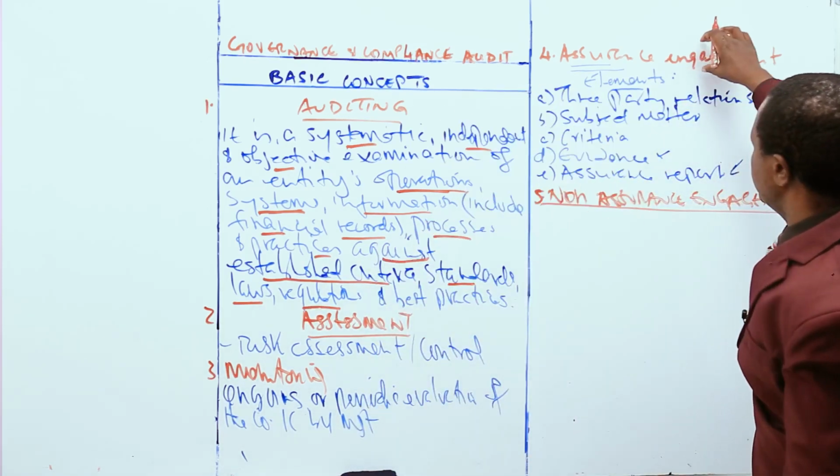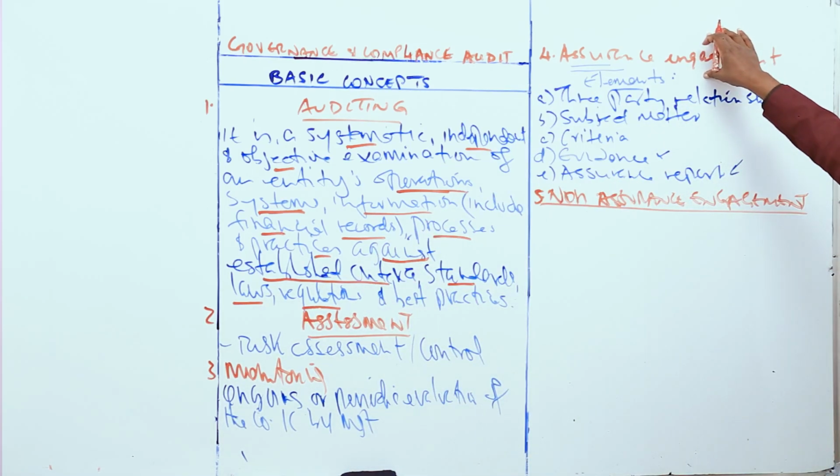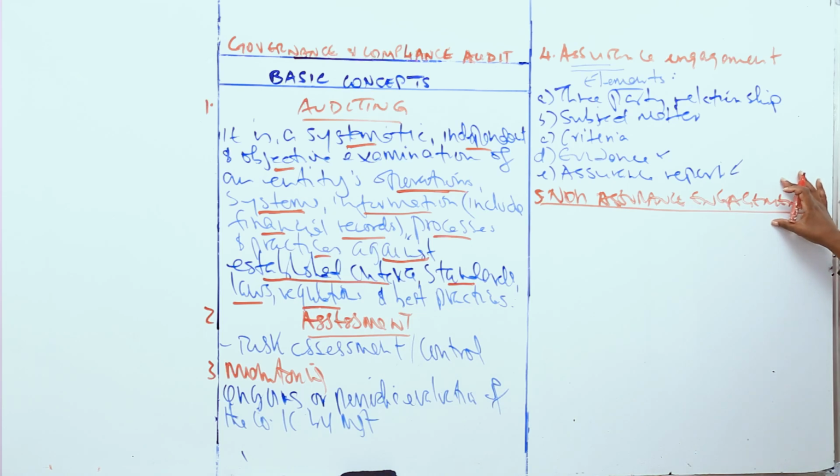You recall assurance engagement, we said this is where the practitioner expresses a conclusion designed to enhance the degree of confidence. A non-assurance engagement is an engagement where the practitioner does not express a conclusion designed to enhance the degree of confidence. It's just the opposite.